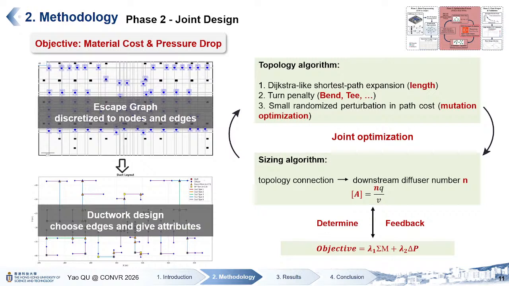First, the topology algorithm is Dijkstra-like shortest path expansion with a T-junction penalty and a small randomness. The sizing algorithm works like this: when we get the topology connection, we can get the downstream diffuser number and calculate the duct size. Use the formula shown on the slides, and this will determine the objective, and the objective will give feedback to these two parameters.